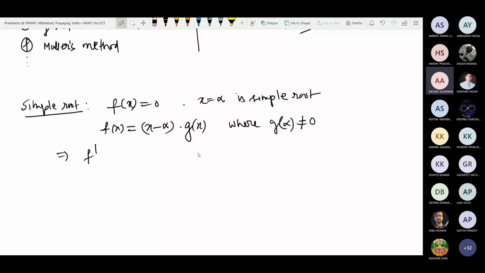What about f dash x? It will be (x minus alpha) into g dash x, sorry, g dash x, plus g of x. The second time we differentiate x minus alpha, then g of x will remain as a constant. So this is f dash x, and what is f dash alpha?